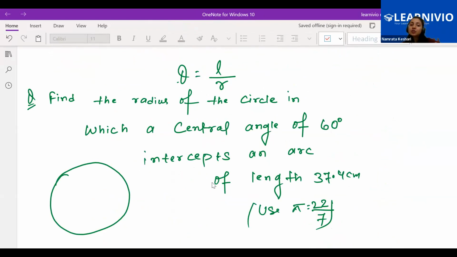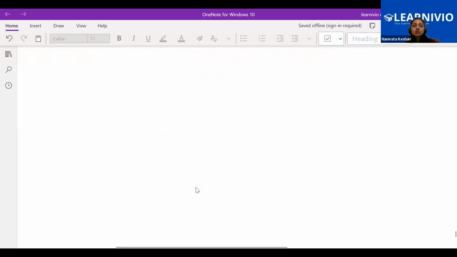If L is given in the question, R is given in the question, and you are finding theta, then your theta will be in radian. And if you are putting the value of theta in this formula, we have to be careful that theta has to be in radian, then only it will take the value. Otherwise, it will reject it. Let's continue with the next question.